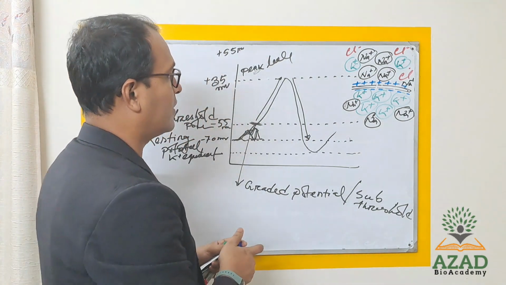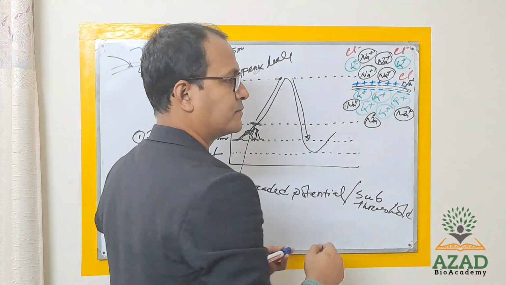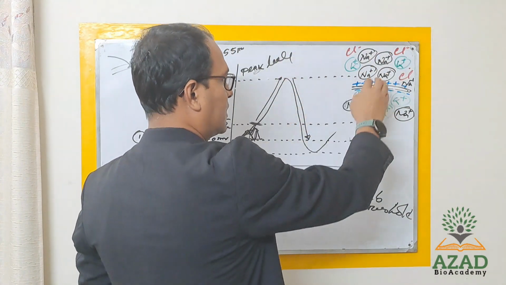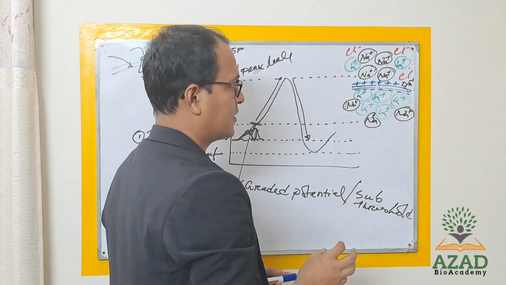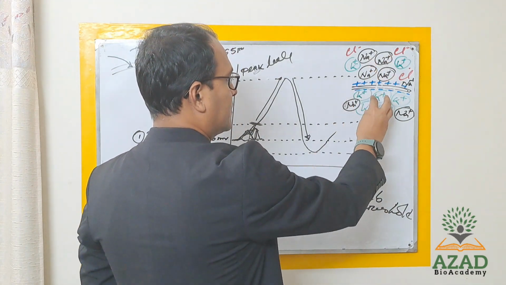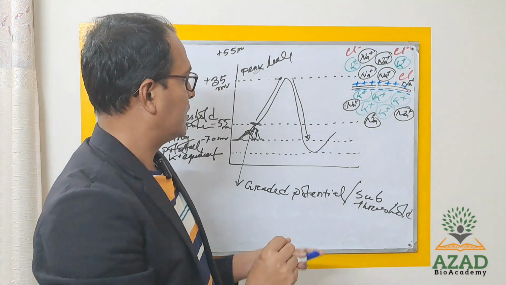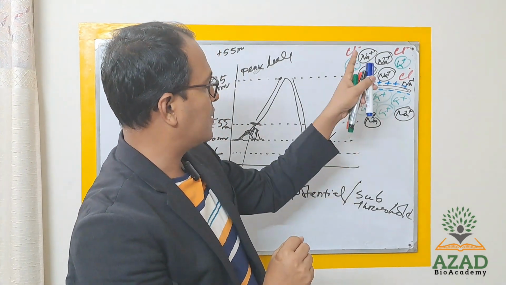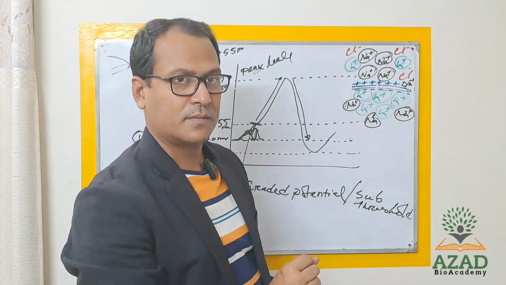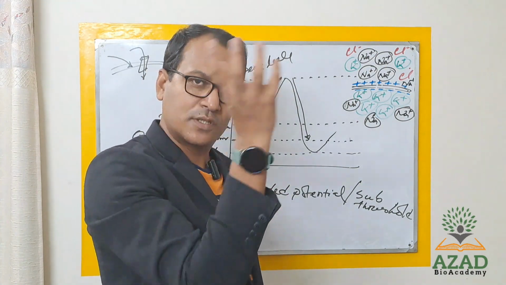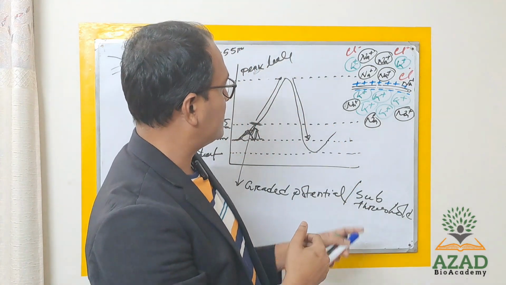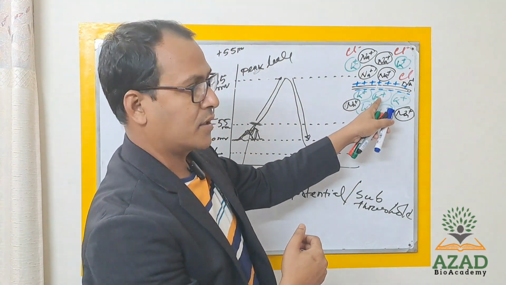Because the number of sodium ions outside is very much larger than the number of potassium ions inside. So positivity is greater outside than inside.